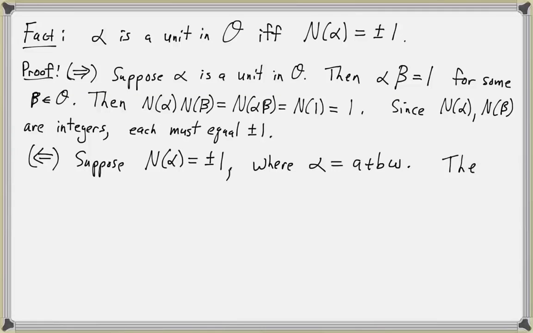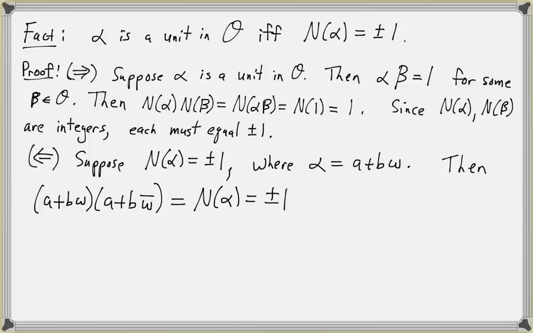Well, then by the formula that I wrote previously for the norm, a plus b omega times a plus b omega bar, which is the formula for the norm of alpha, must equal plus or minus 1.